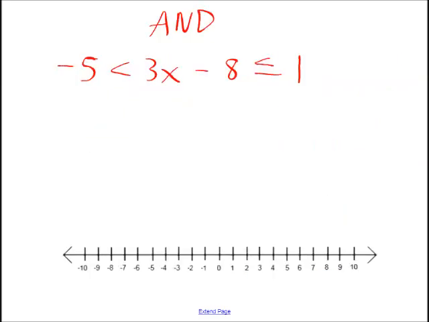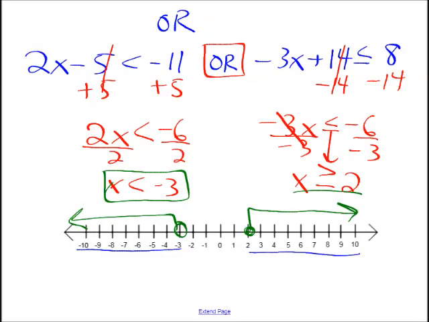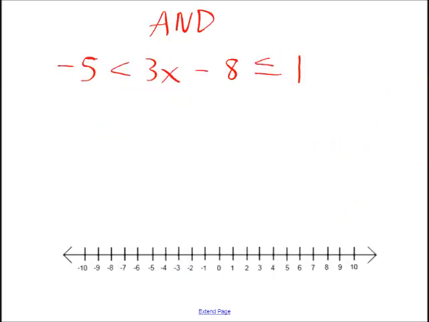Now an and statement. An and statement will either say the word and between our two inequalities, or it'll look like this problem where we have two inequality symbols in one inequality. What I like to do is draw some dotted lines through the inequality signs, because for a compound and statement written with two inequality symbols, we actually have three sides to the problem.